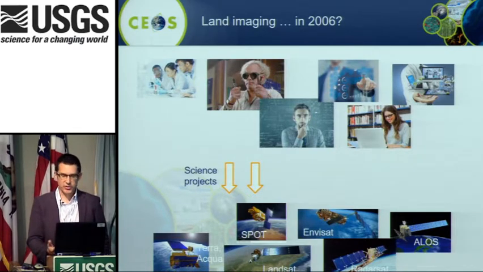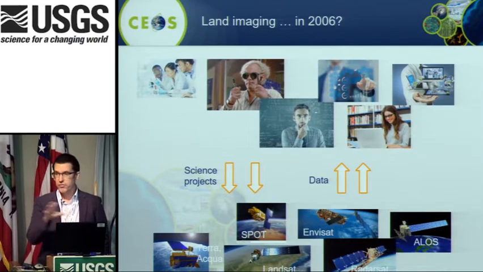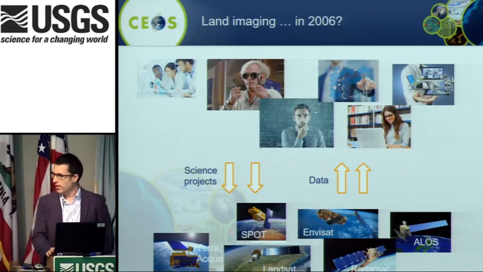The scientists generally knew who to call up or who to send an email to request data from a given mission, and there was some well-established process in each agency where they would vet these science requests that come in and provide data back to those fairly limited group of science users. Of course, this has changed a lot over the last few years.